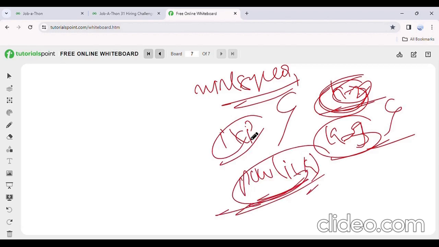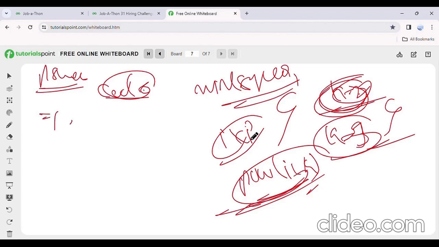Another thing is, here I am writing pseudocode. Pseudocode is: if n is equal to 0, I am returning 0.